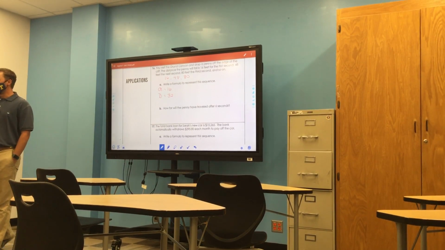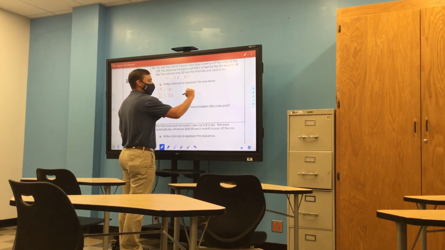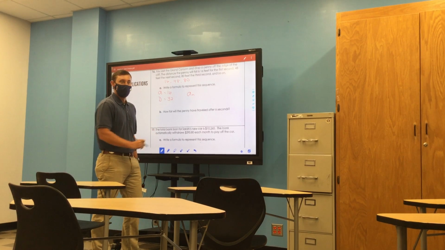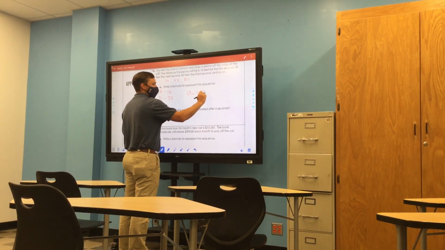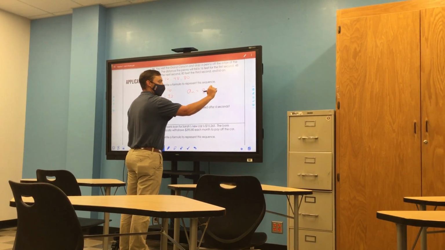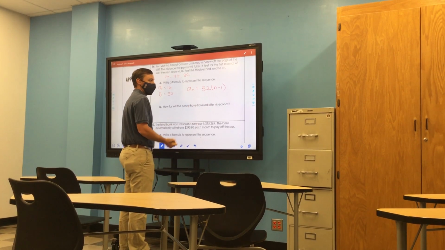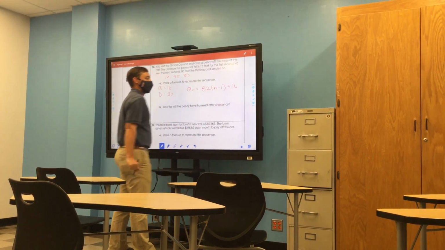Okay, so for us to write our formula for any term they want to look for, AN, we could use this formula with our common difference, which is adding 32. So 32 times n minus 1, that term they're looking for minus 1, plus my first term, which is 16.